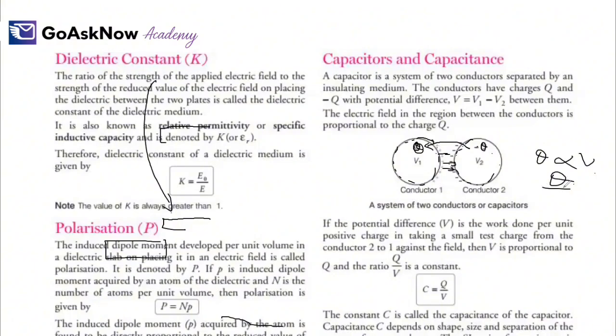So Q by V will come as a constant, and this constant is called what? It is called capacitance. So the capacitance value is Q by V. This is a very important formula for you. Just remember this, and it will be used in the future also.